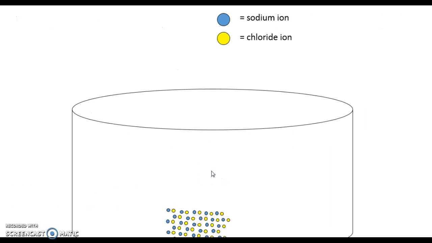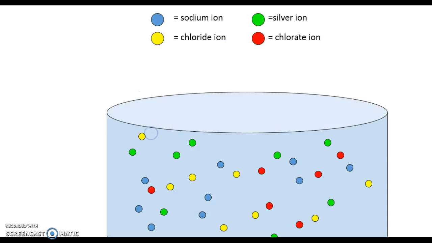So here's an animation to sort of help you visualize what's going on in the solution as the precipitate forms. So if we have a soluble ionic compound in water, we can visualize it as breaking apart into ions as it dissolves in water. And so when we have two different ionic compounds that are both soluble in water, you can see them all dissociated or separated into their ions.